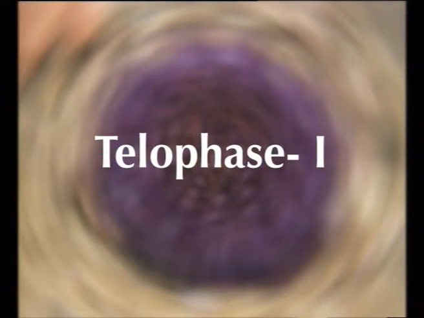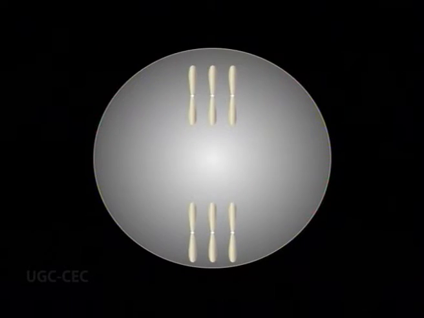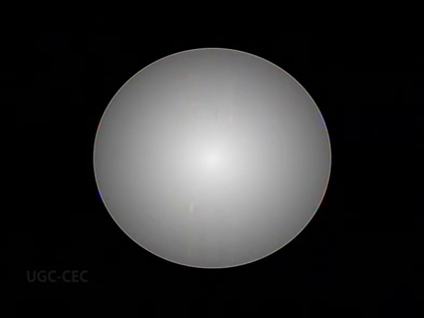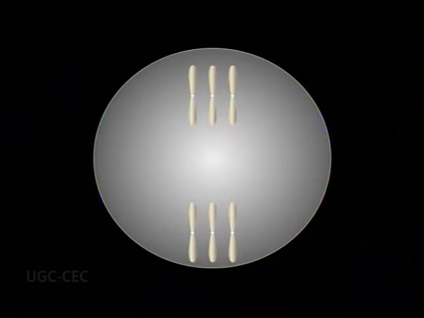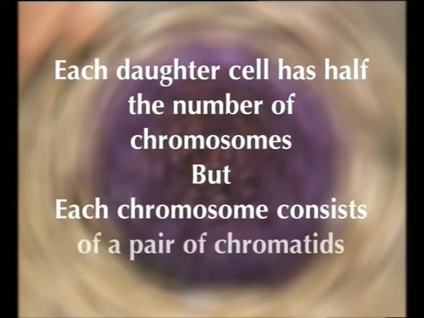Now we have one more stage, which is telophase I. The last meiotic division effectively ends when the chromosomes arrive at the poles. Each daughter cell now has half the number of chromosomes, but each chromosome consists of a pair of chromatids.